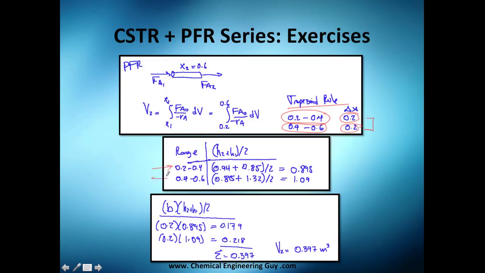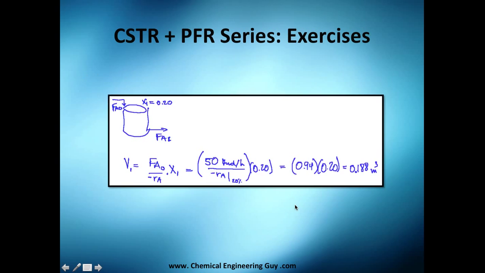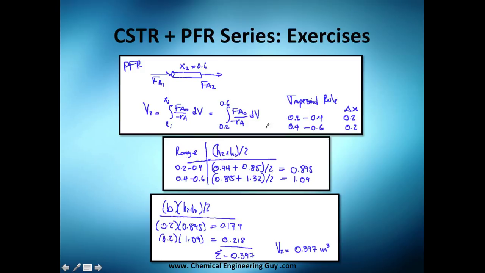Now let's put the range here. Let's calculate the actual heights. So I got 0.94, 0.85 and 1.3. You don't believe me? They are here, 0.94, 0.85 and 1.82. And divided by 2 to get the average, and we got this and this. But this is not what we want. We want the actual value. I'm telling you just the heights, but I don't want the heights, I want the areas, so I multiplied them by the bases.